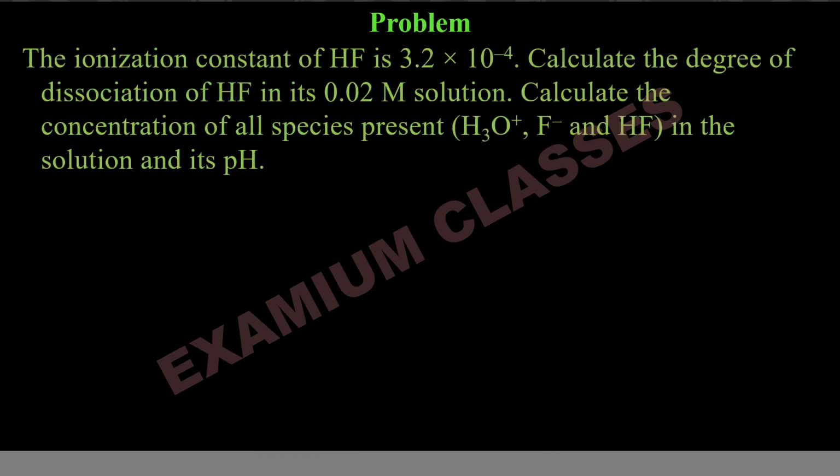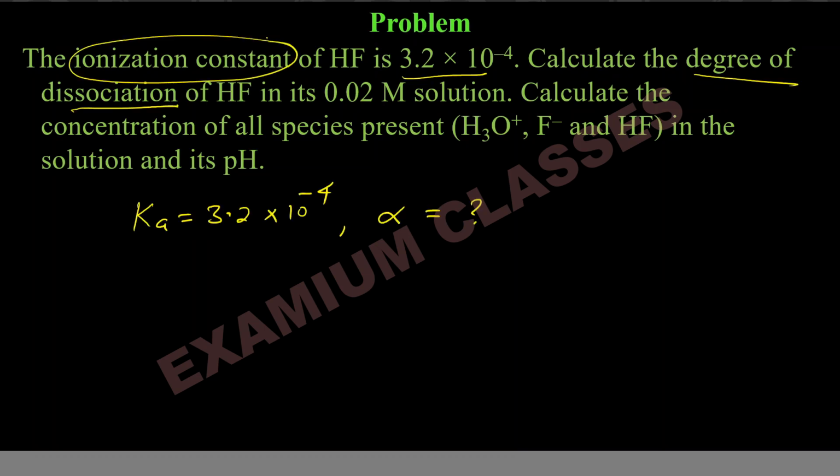Now the question. The ionization constant of HF is 3.2 into 10 power minus 4. What is ionization constant? Ka, which is given. Calculate the degree of dissociation. What is degree of dissociation? Alpha. Alpha is asked, Ka is given as 3.2 into 10 to the power minus 4.